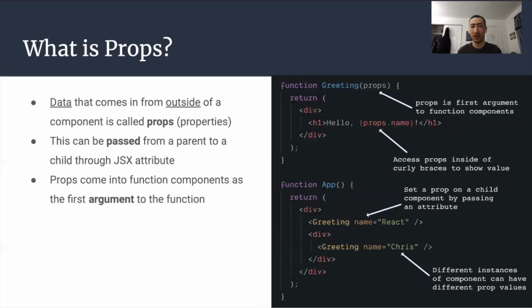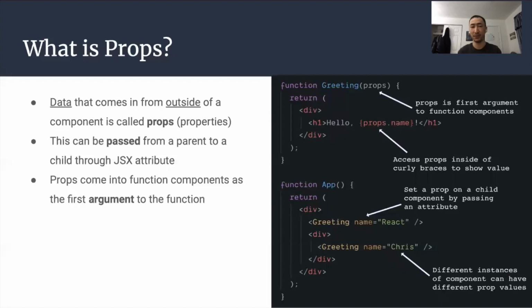So what are props? Props are another important part of React besides React state, which I'm going to talk about in a bit. Props are just any data that comes in from outside of a component.